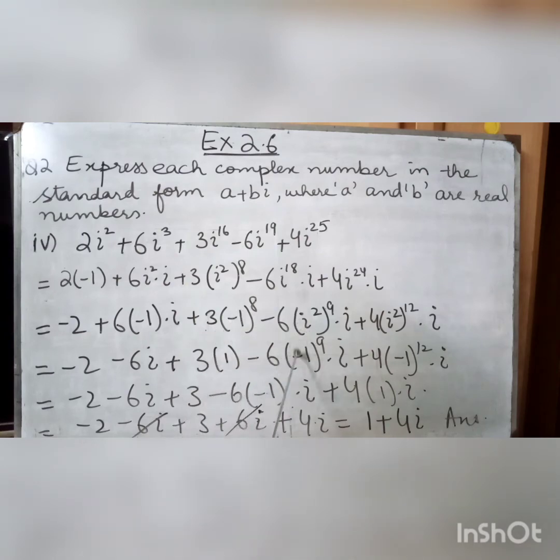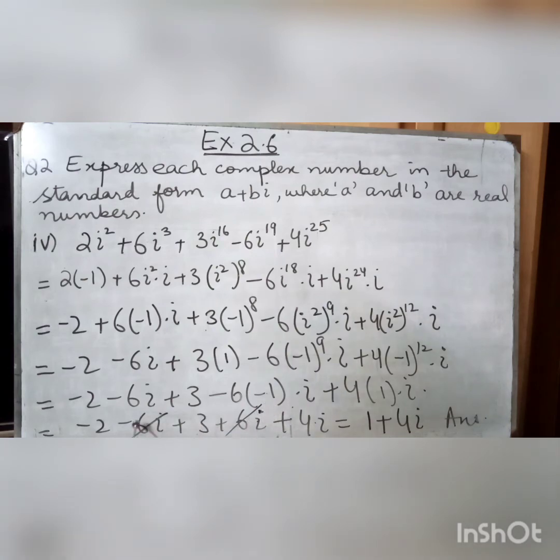Then iota square becomes minus 1, and minus 1 remains minus 1 due to the odd exponent, and minus 1 of this becomes positive 1 due to the even exponent. Therefore, we have minus 2 minus 6 iota plus 3 plus 6 iota plus 4 iota.